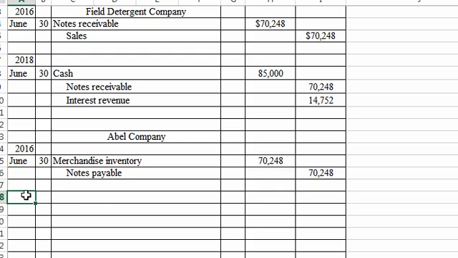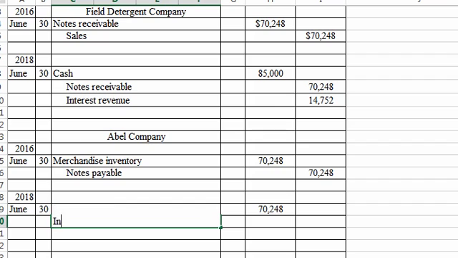Then on June 30th, 2018, they're going to debit notes payable, that they get off the books when they pay Field Detergent Company. They're going to take it off the books the same amount it went on the books, $70,248. That wipes out the liability.